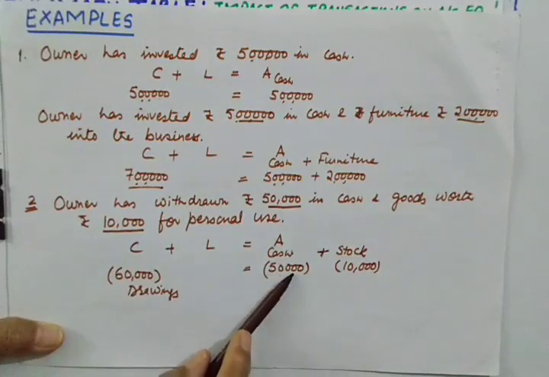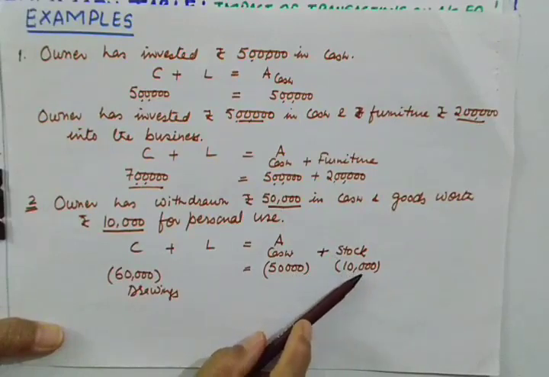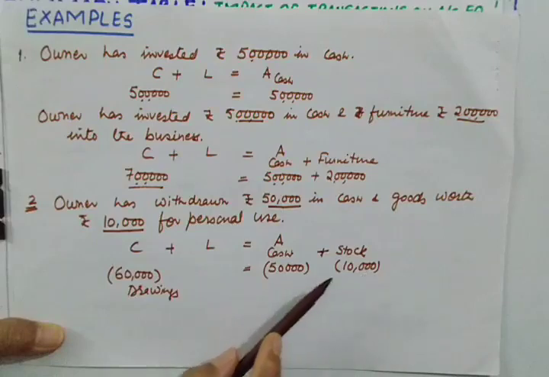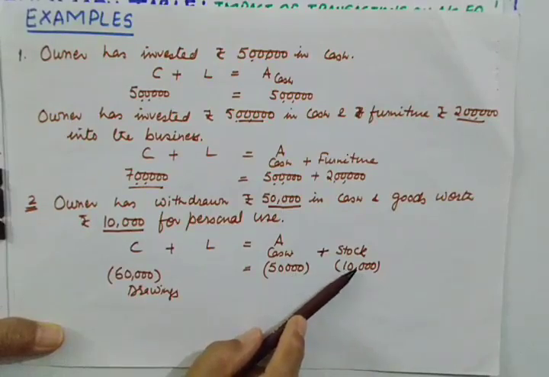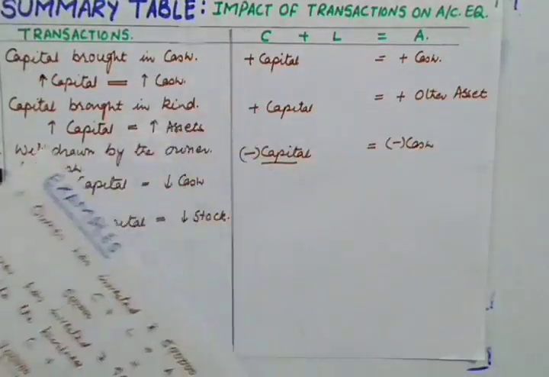Because 50,000 he is withdrawing in cash, and 10,000 he is withdrawing through goods, so his stock of goods will reduce by 10,000. So in total, on the asset side there is a 60,000 reduction, and on the capital side, the liability side, a 60,000 reduction in capital. Now let us do the next transaction.